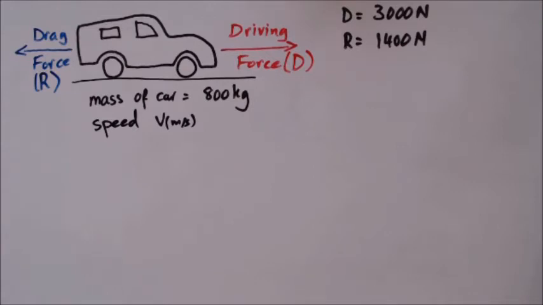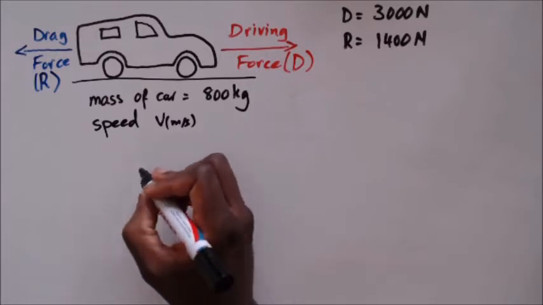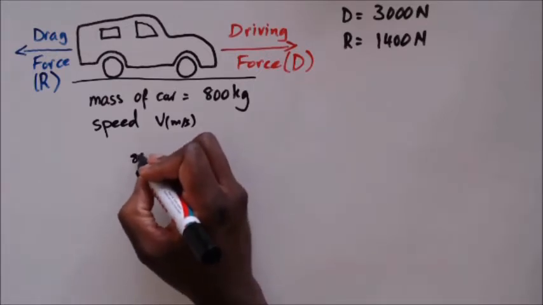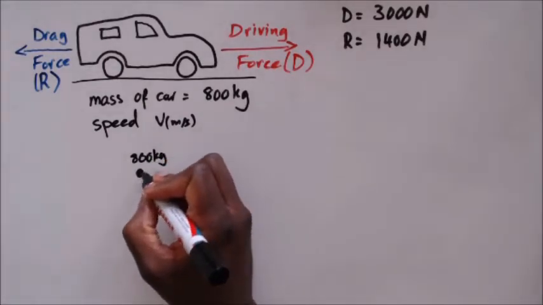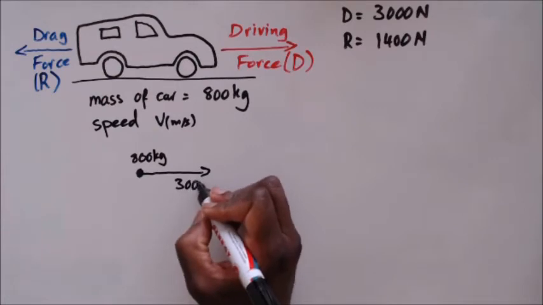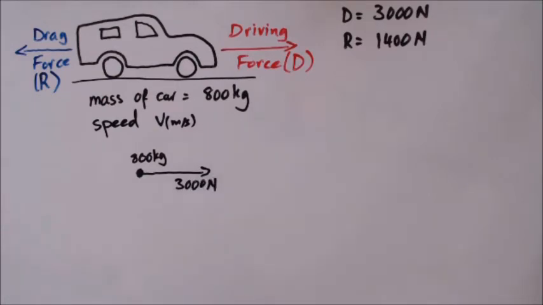The driving force is 3,000 newtons and the resistive force is 1,400 newtons. And we can see straight away here that because the driving force is greater than the resistive force, which is the drag force, we're going to have a resultant force. We can draw a free body diagram for this car as follows. Here we've got the mass of 800 kgs. And to the right, we've got a force which is 3,000 newtons. Okay?